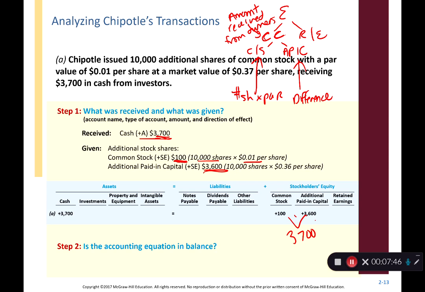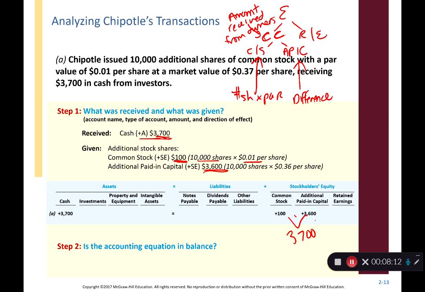Again, don't expect it to make perfect sense. It's really stupid, honestly. They should just shove it all into a contributed capital account. But they break it up into common stock and additional paid-in capital because of the concept of par value, which is, again, an arbitrary amount assigned to the shares of stock. It has no real meaning. It just affects the accounts that we use to record the transaction.